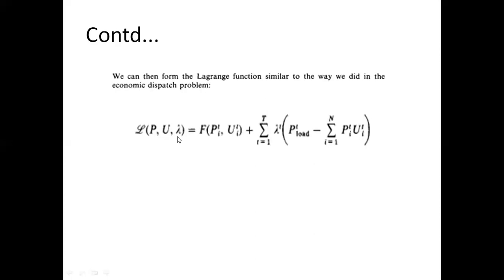It is the objective function that we saw in the previous slide, F as a function of P_it and U_it, plus the summation over t equal to 1 to T of lambda to the power t, within the bracket P_load^t minus the summation over i equal to 1 to N of P_it U_it. That is load minus generation, multiplied by lambda to the power t over the time period t equal to 1 to T.